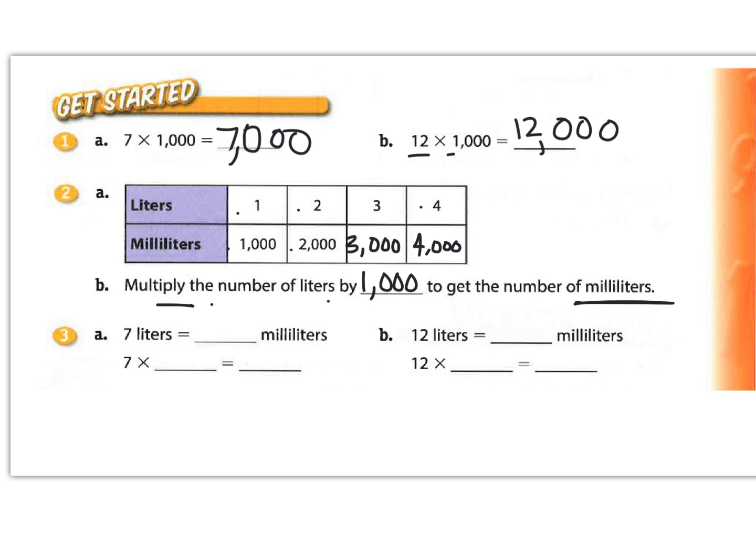So 7 liters equals 7 times 1,000 equals 7,000. So 7 liters equals 7,000 milliliters. 12 liters equals 12 times 1,000 equals 12,000. So 12 liters is the same as 12,000 milliliters.